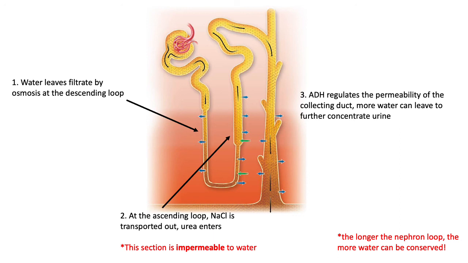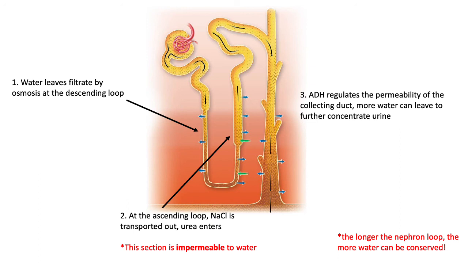And just a fun fact about this, many animals that live in the desert, for example, have really, really ridiculously long nephron loops, and that allows them to conserve as much water as possible when they live in a really hot and very water poor environment. Animals that live in more lush areas that get more rainfall are going to have shorter nephron loops. So just a fun fact about nephron loops.